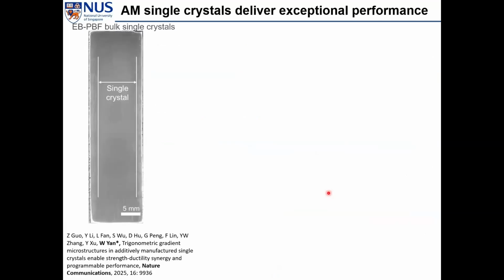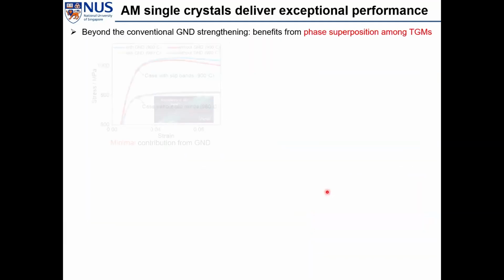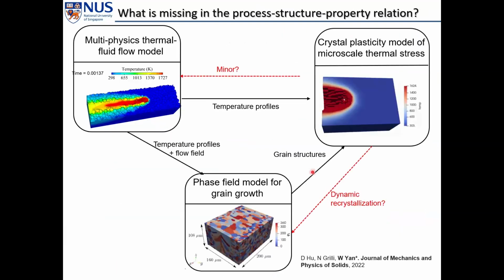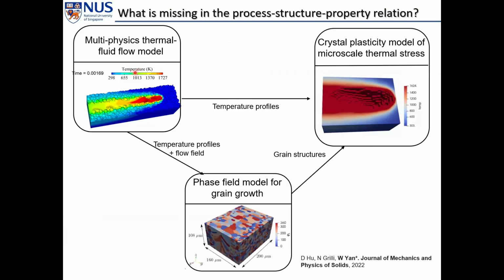Let me go directly to the last page. Okay, so overall, this is the workflow we previously developed. So this is like one directional coupling from the melt pool flow, and then to the microstructure evolution, and then we simulate the thermal stress.